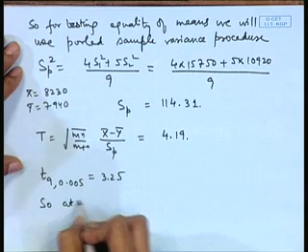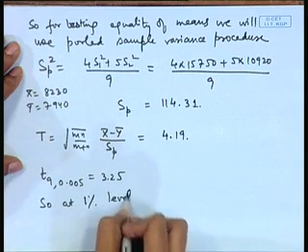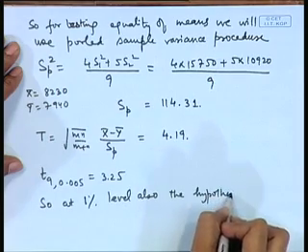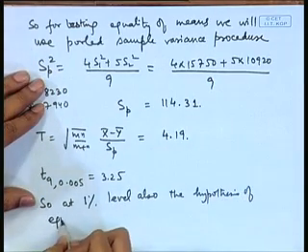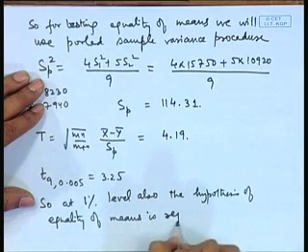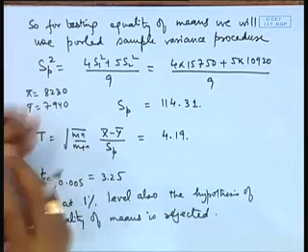So, at 1% level also the hypothesis of equality of means is rejected. So, we conclude that in the two mines the measurements of the heat producing capacity are significantly different, because it may be due to difference in the type of the coal that is available, it may be due to the type of the mine that you are having.